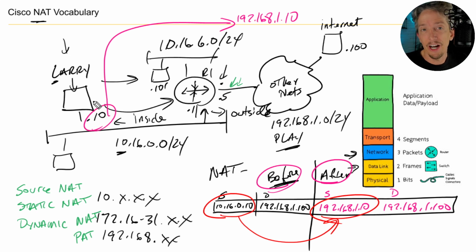That way it can take hundreds or thousands of different IP addresses going through and translate them all to its own source IP address, and keep track of those based on the ports. That's referred to as port address translation, where you have many on the inside mapped to one on the outside. So those are all mix and match flavors, and there are several more, but I just want to give you a heads up on some of the options that exist here. And it's called source NAT because we're swapping out the source IP address on the initial flow.